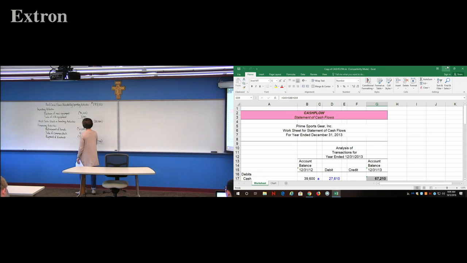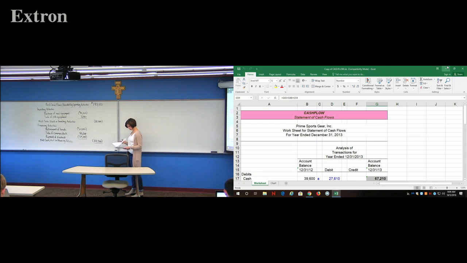I'm going to run out of room over here too. Okay, and so we're going to call that net cash used in financing activities. I'm going to continue it up here. So now we take the 193,110, we subtract 82,000, we subtract 83.5, and what do we get?